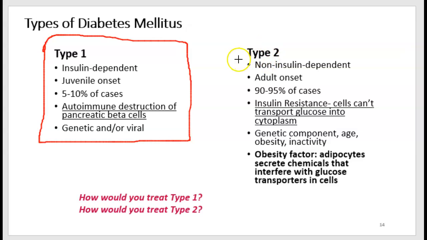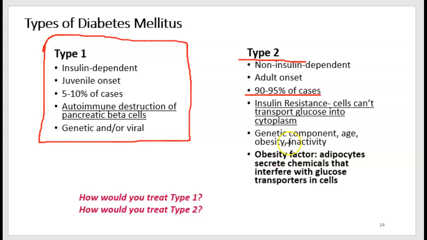There's another type of diabetes, which we call non-insulin dependent. Most clinically seen diabetes is actually this type 2, at least in our country. What has happened is our cells have become resistant to insulin. So even though insulin is around, cells can't transport glucose into the cytoplasm. Why this happens, no one knows exactly, and there's a lot of speculation.